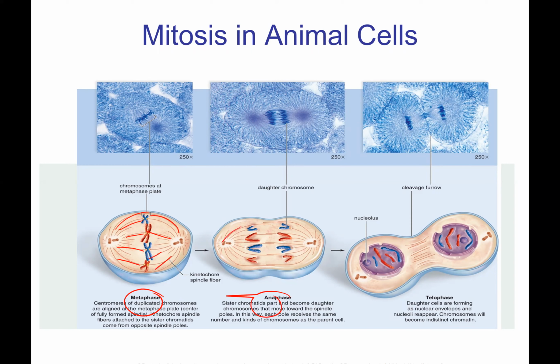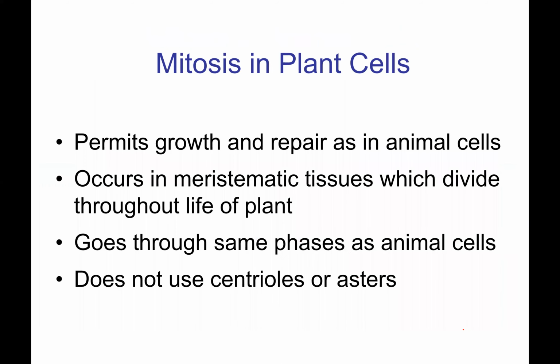In anaphase, our spindle fibers are now going to pull the chromatids apart. In telophase, we have 2 nuclei, right? We don't have 2 complete cells yet because we still have one more step that has to happen. But this was metaphase, anaphase, telophase.